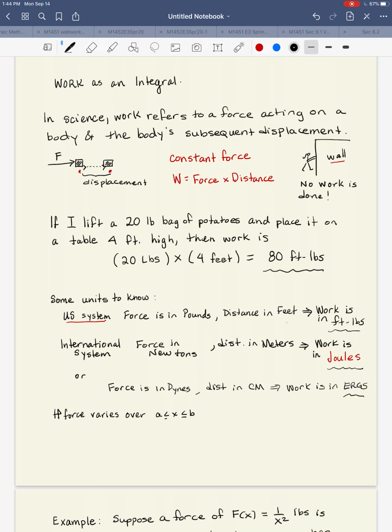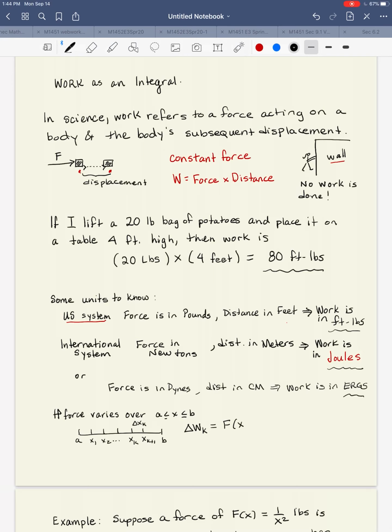If the force varies based upon its location on a number line in x, then what we do is we take that interval from a to b and we subdivide it into an infinite number of subintervals till we get out here to the kth subinterval, and make this subinterval so small that over that interval force is essentially constant, and so that the work done on the kth subinterval is the product of the force.